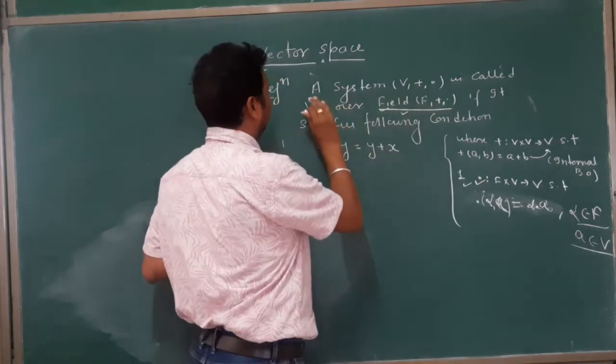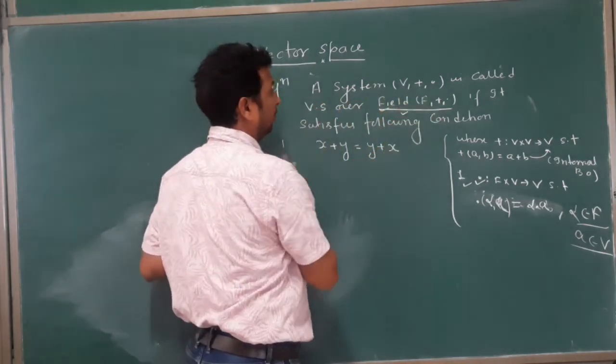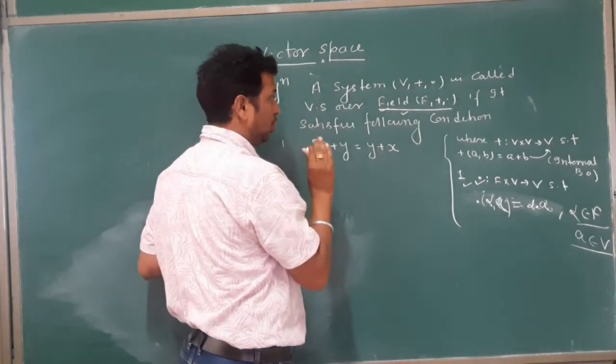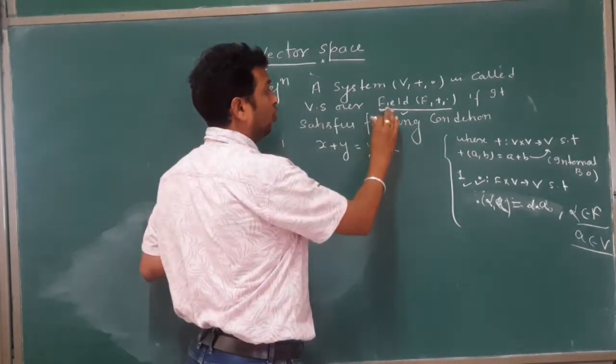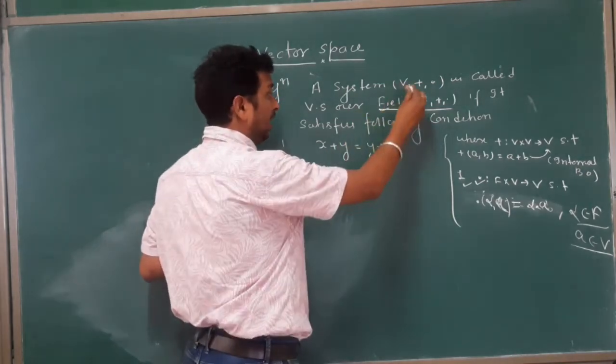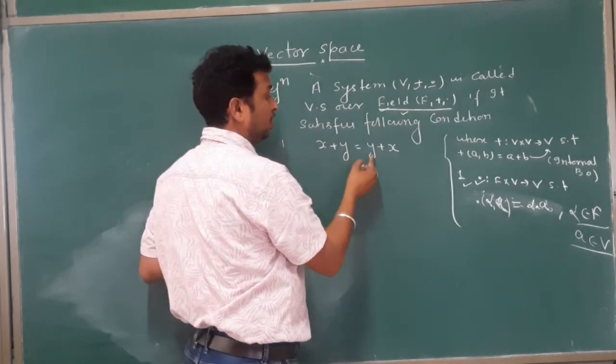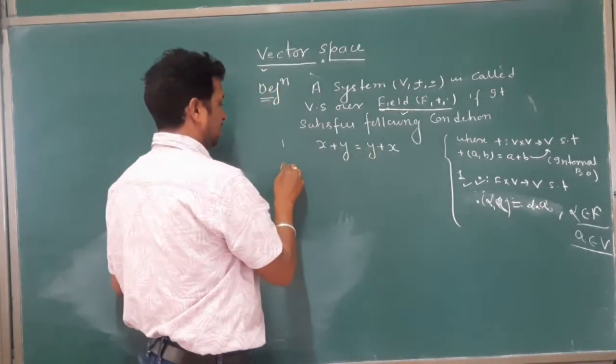So we come to the definition. V with addition and external multiplication is called a vector space over field F if it satisfies the following conditions. For the vectors, with plus and dot, what is the first? x plus y is equal to y plus x.